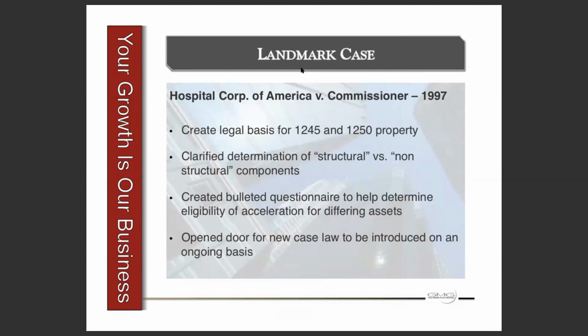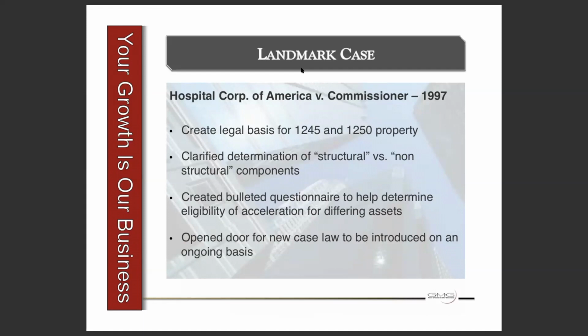Now, the reason why we can do this is, and they usually don't go through the legal portion of it, but the Hospital Corporation of America went against the IRS and said there's certain structural components versus non-structural components in buildings that need to be classified differently. And it opened the door for all of the new case law that we have today, or what we call cost segregation today.